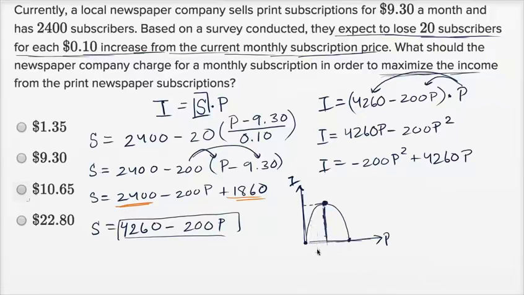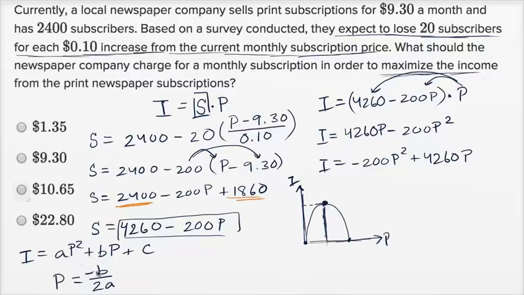Another way to do it is you could say, look, if I have something of the form I is equal to ap squared plus bp plus c, instead of writing y and x, I wrote I and p, well, the vertex is going to be the negative of this coefficient, negative b, over 2 times a. That's going to be the p coordinate of the vertex. P equals that is going to be when you hit the minimum or maximum point. In this case, it's going to be the maximum point.